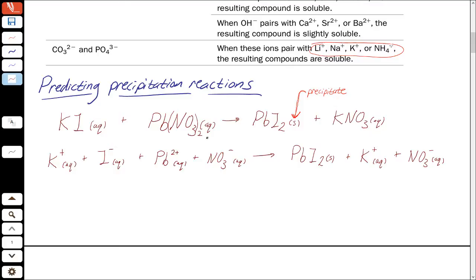Lead is +2, so lead nitrate has got to have 2 nitrates, right? Let's try that again. So then it should balance. 2 iodides, 2 potassiums, 2 nitrates. And we can then balance the next one too, which would look kind of like this, because it would have to get split up in the same way.